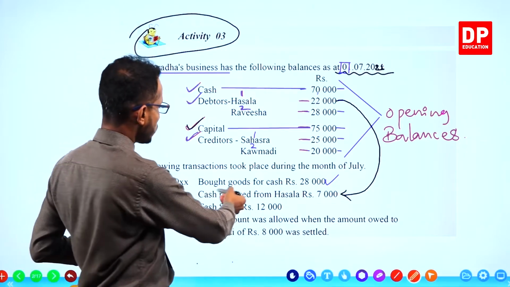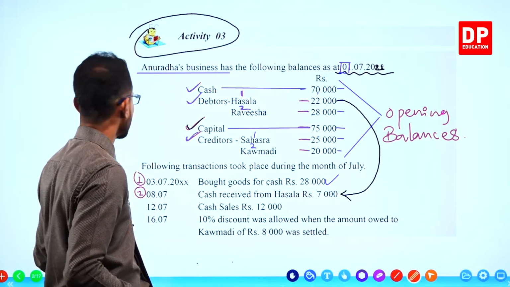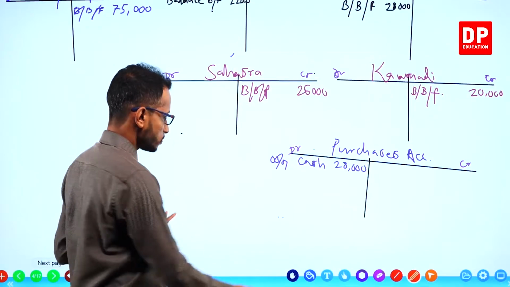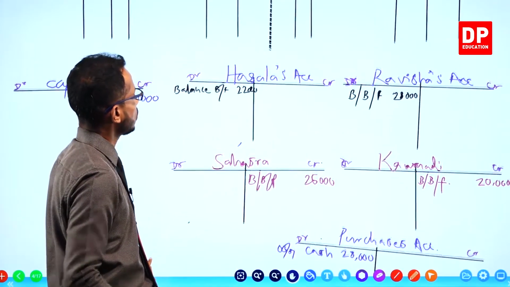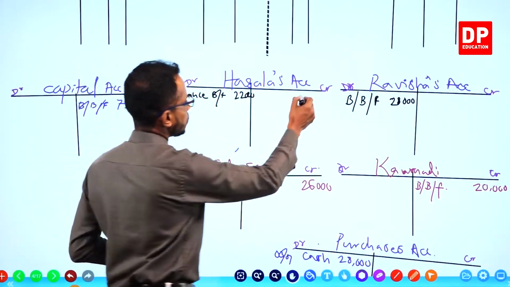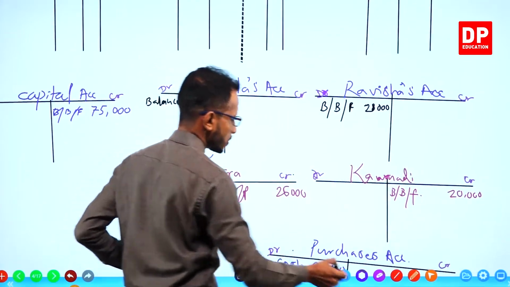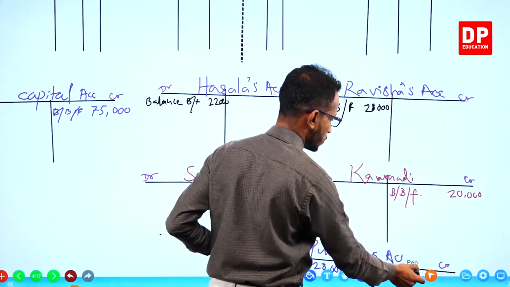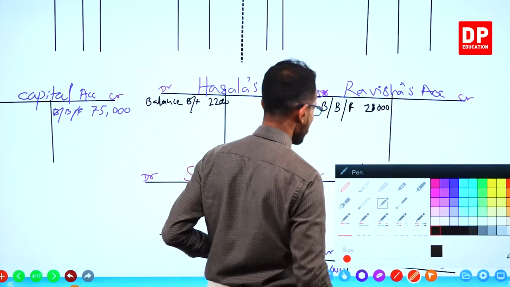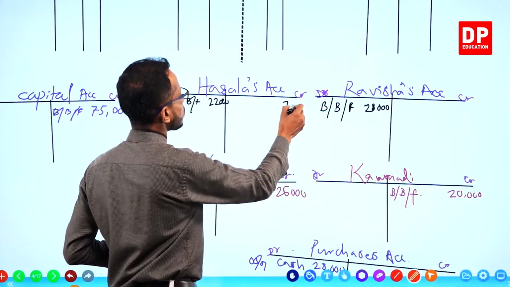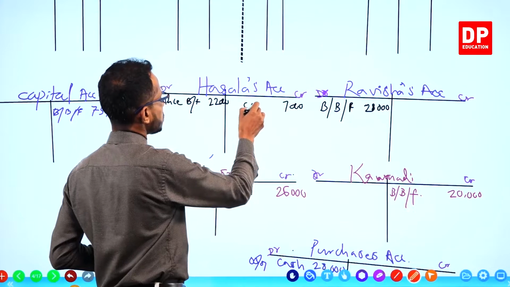22,000 and now he has paid us 7,000. Where is Hasala? Oh, he's here. Let's put 7,000 to Hasala, the debtor, credit side. And the description is cash.